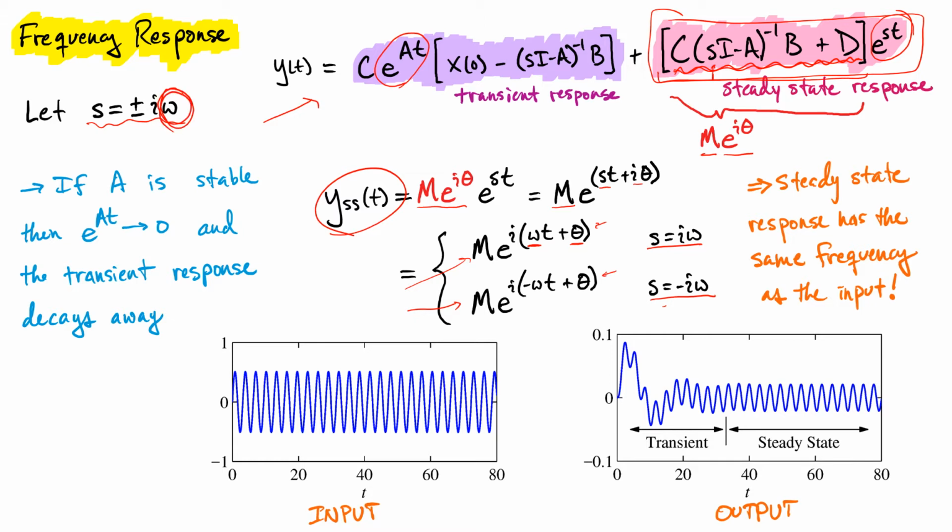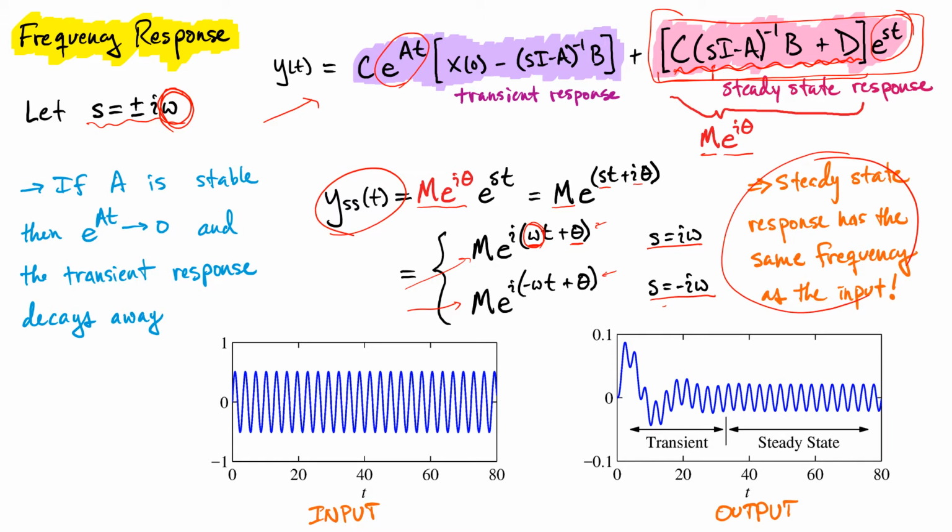What's interesting here is the key idea that the input is a sinusoid with frequency omega, and the steady state output is also a sinusoid with frequency omega. So the steady state response has the same frequency as the input, and that's the particular piece of magic that happens in terms of frequency response.